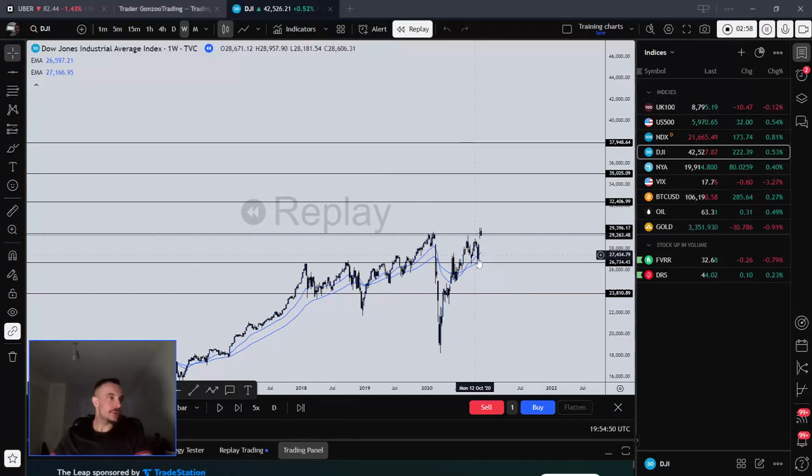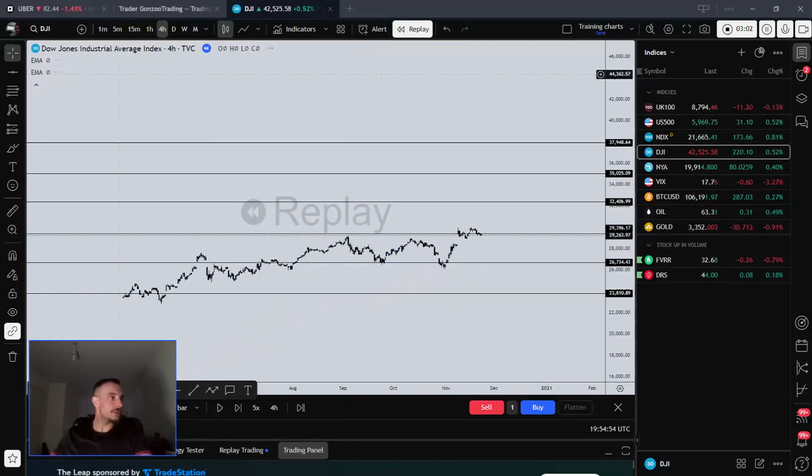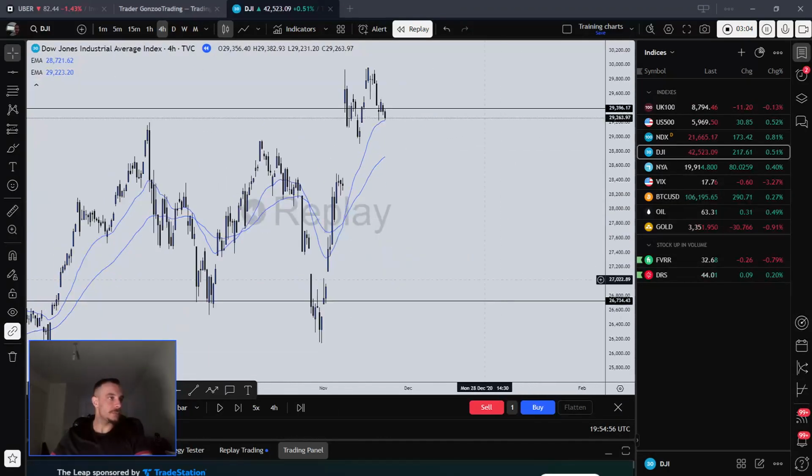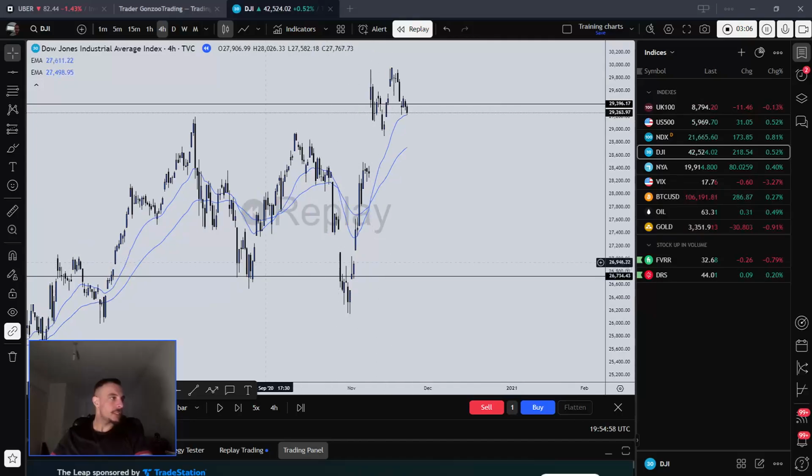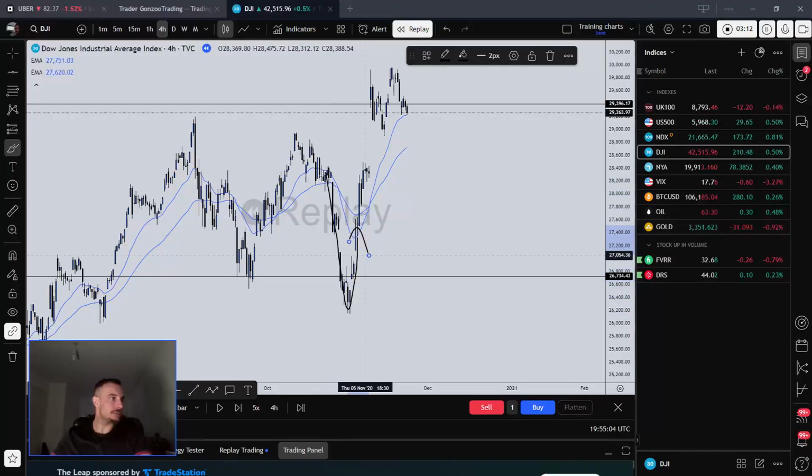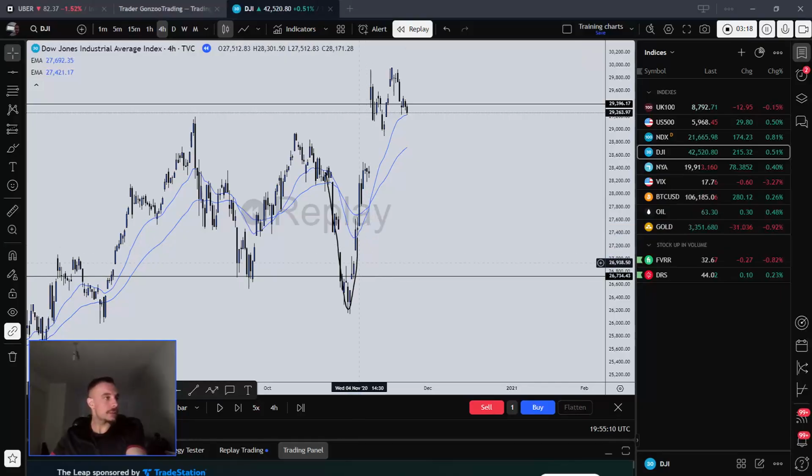So let's say if we go around here, we do have a price reaction in this area. If we then go on the 4-hour time frame, we can see that the price has reacted to the downside and then gapped to the upside. Since it has gapped to the upside, we can recognize that the price is moving to the upside impulsively because it made a V, and therefore it will most likely continue to go up.